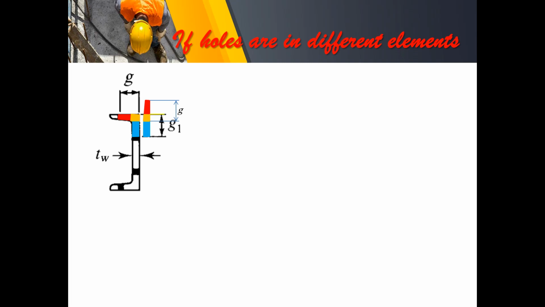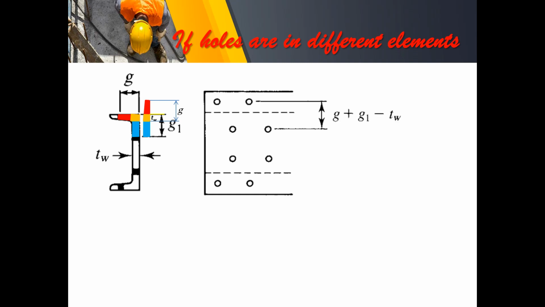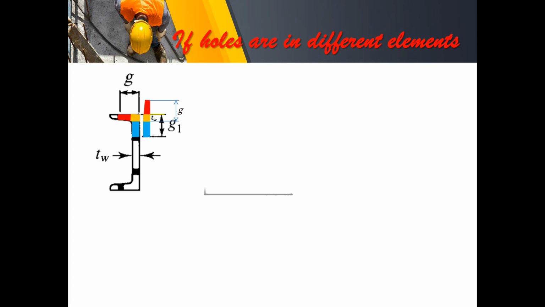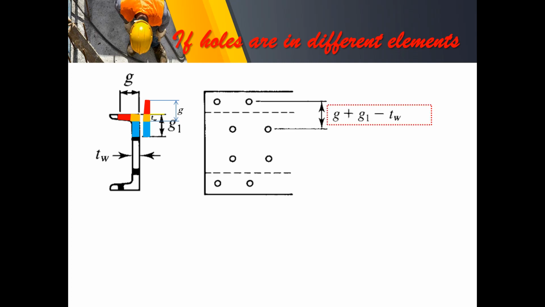Now, this dimension is actually the web thickness. So therefore, when we are concerned with a channel having a connection on the web and the flanges, we will treat your gauge spacing with this equation: the gauge distance is given by G plus G1 minus the web thickness.